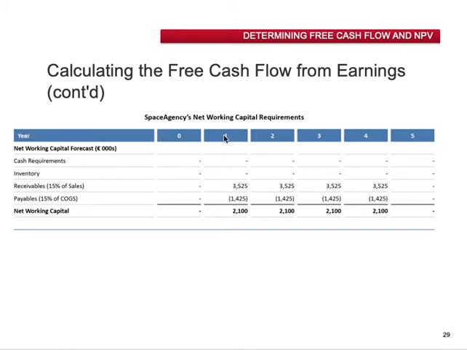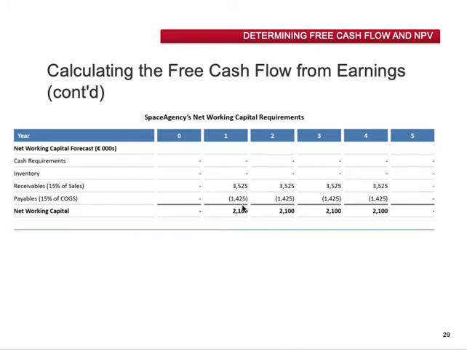So how does the working capital look like? We have in year 1 50% of sales as receivables and 50% of cost of goods sold as payables. So we have a working capital position of receivables less payables, which is of course the working capital, 2,100,000. In year 2, 3, and 4 we have the same level of working capital.